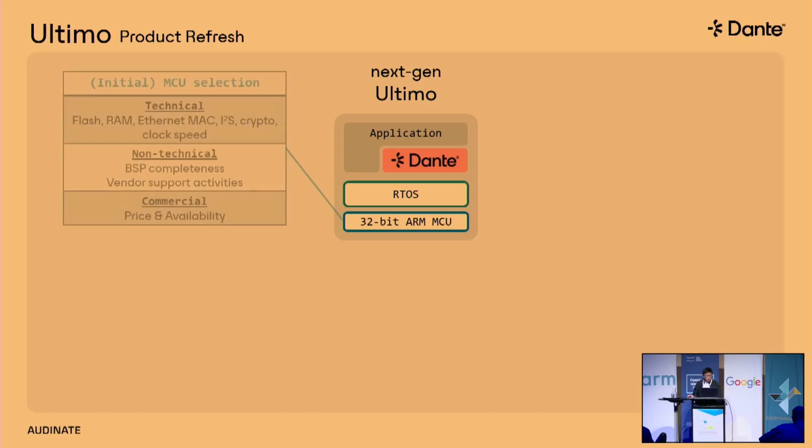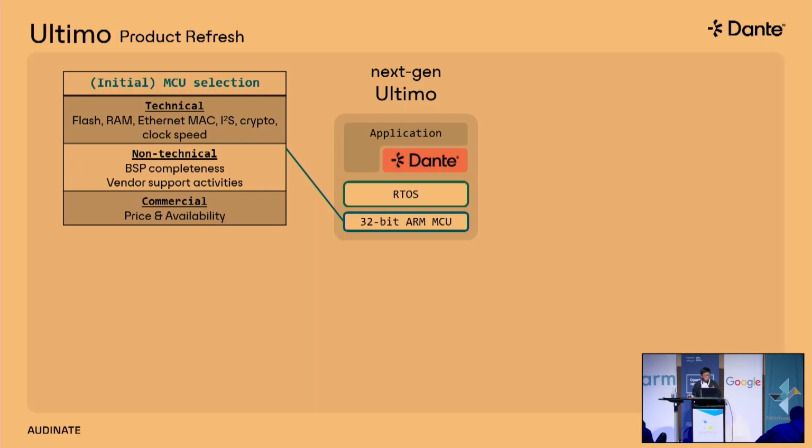Firstly, we have the microcontroller selection. In order to ease the pain from having supply chain uncertainties, we wanted to find an initial alternative to the microcontroller that we were working with that didn't have the supply chain uncertainties we were facing.